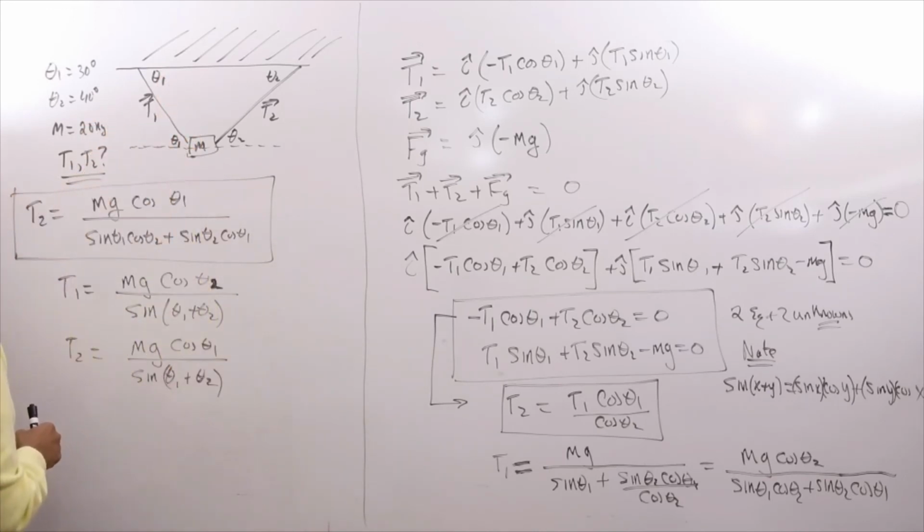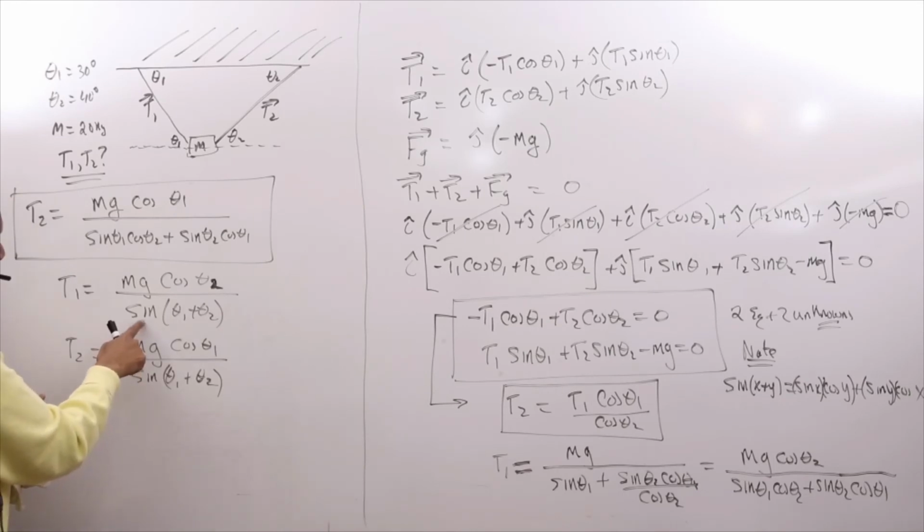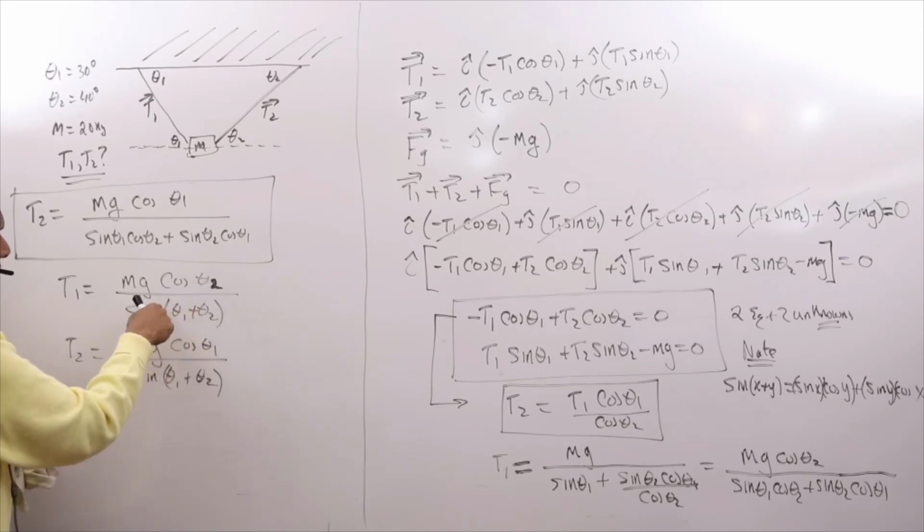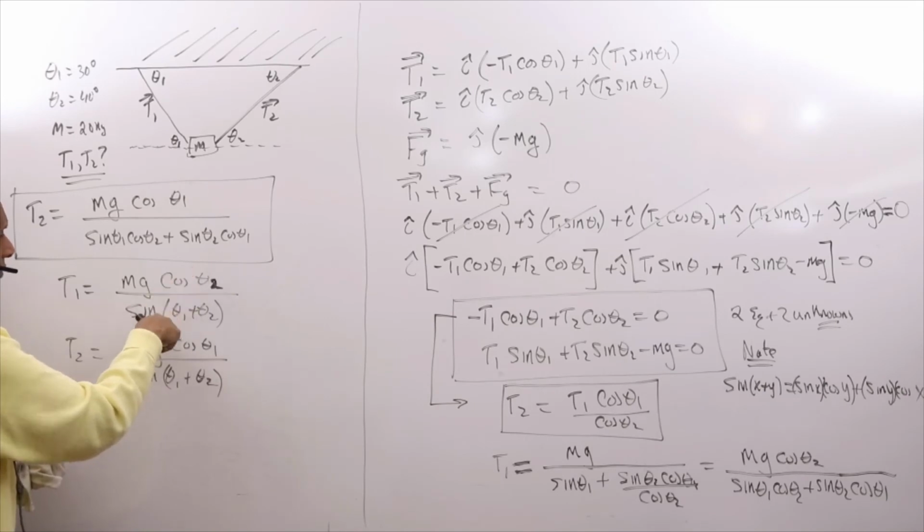And so the problem is that sine of pi over 2 plus pi over 2 is sine of pi, which is actually 0. Cosine of pi over 2 is 0, so you have a 0 over 0.